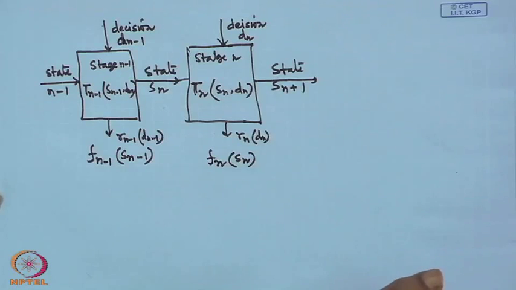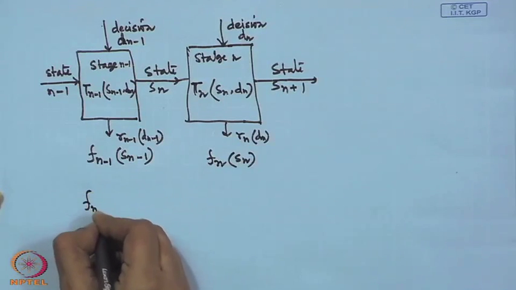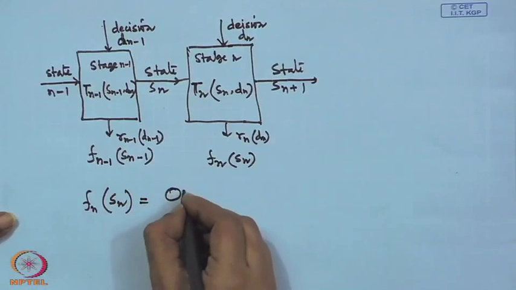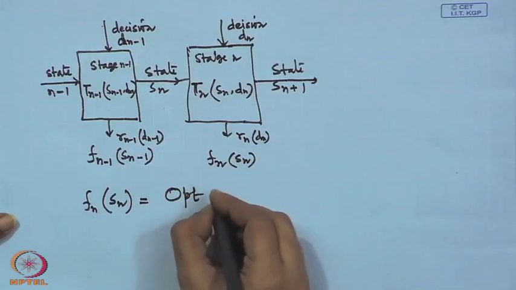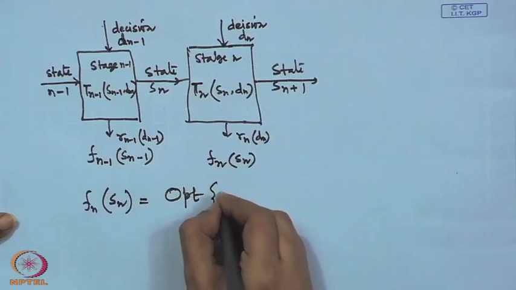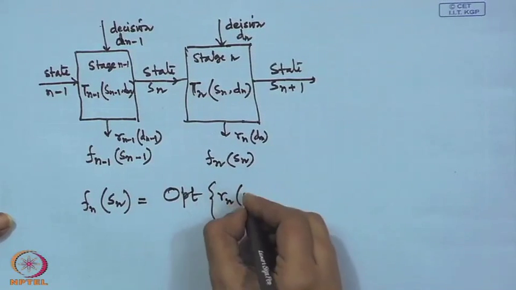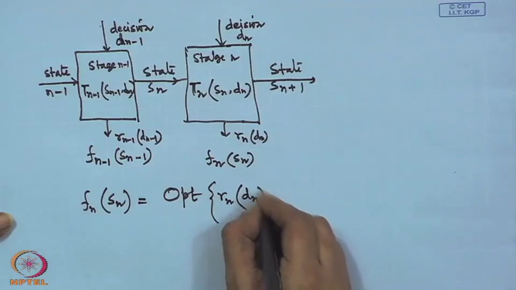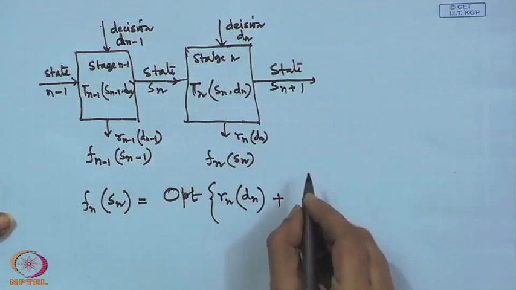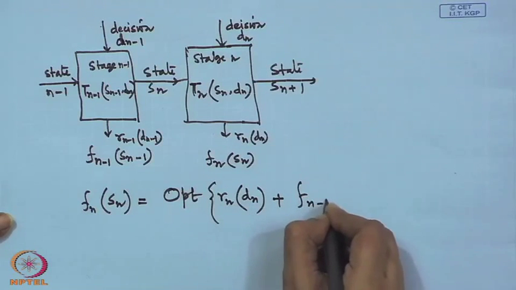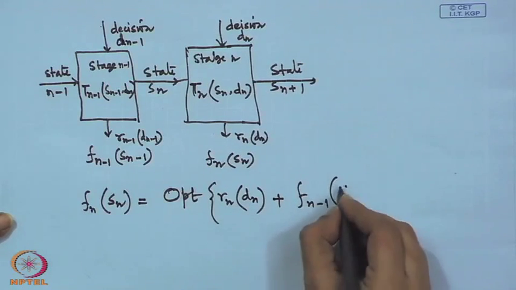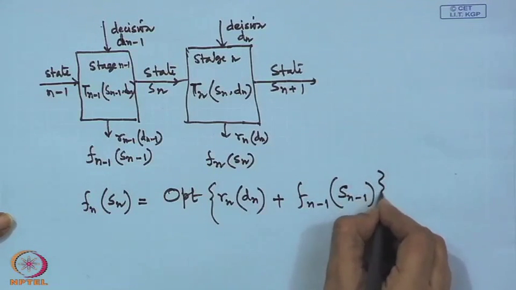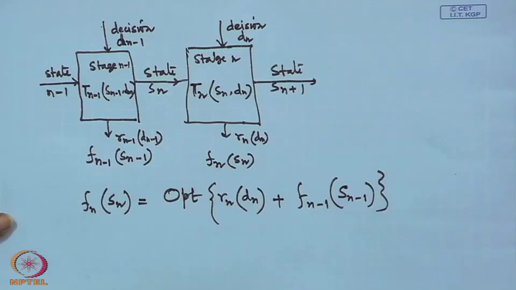This recursive relation is f n (s n) equal to the optimum over d n of the immediate return r n (d n) plus the previous optimal return from the previous stage, that is f n minus 1, which is important for the forward recursive relation.